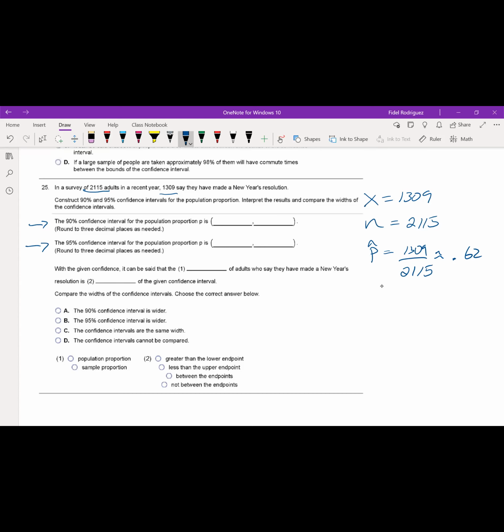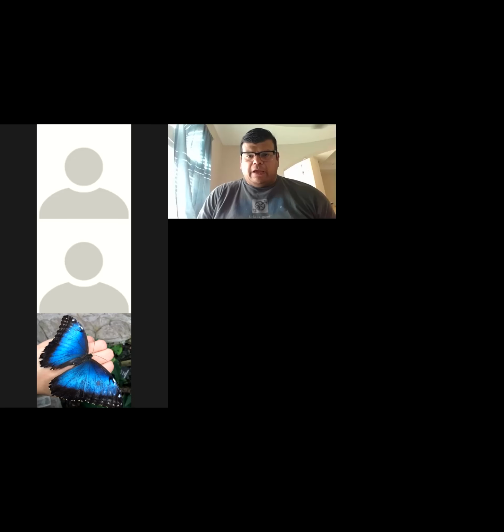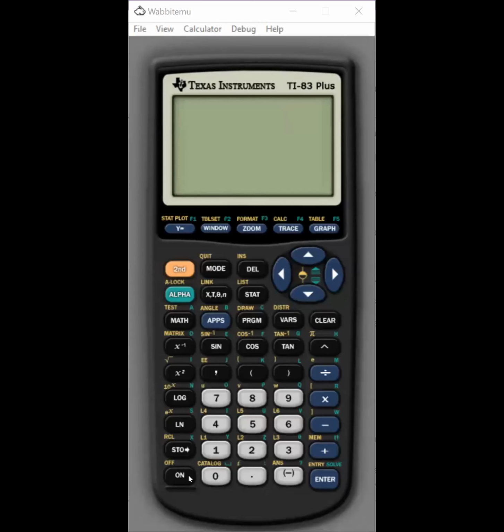On my calculator, I'm going to show you how you can do this both on your calculator and your calculator app. So I'm going to stop sharing this part, and I'm going to share my calculator with you guys one more time. Let me turn this thing on and clear my screen.